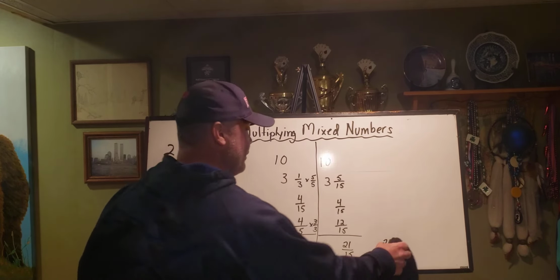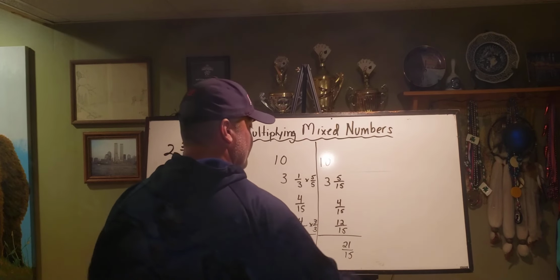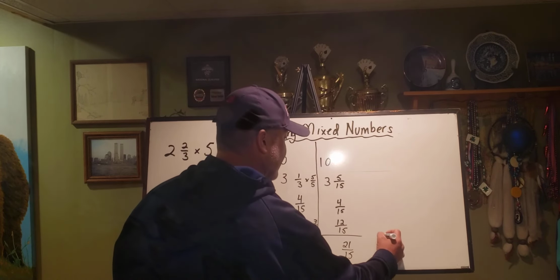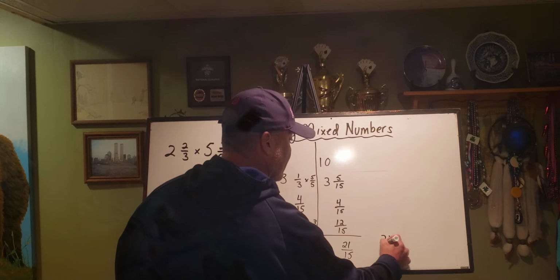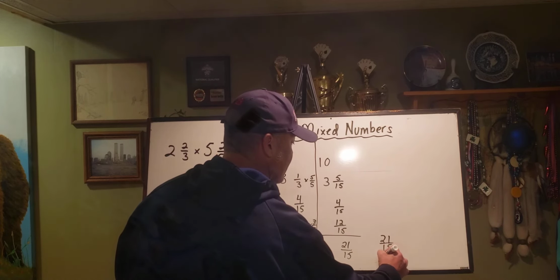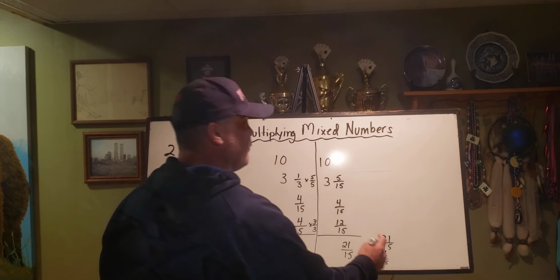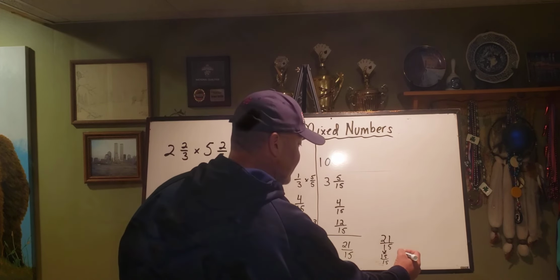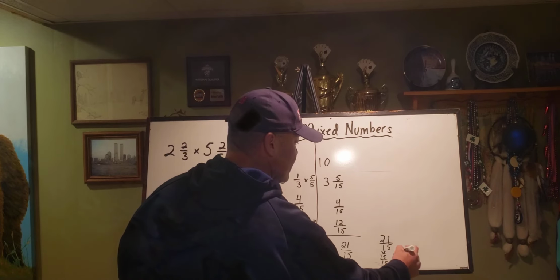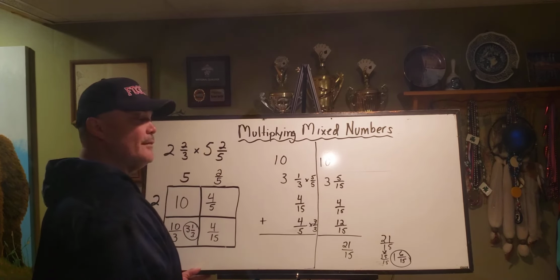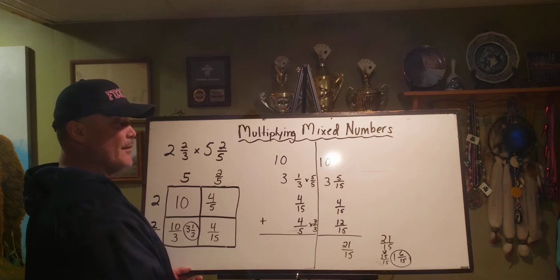Let me rewrite it for you. Try that again. And I take this away, I'm left with 21 minus 15 is 6/15. So 21/15 equals 1 and 6/15.